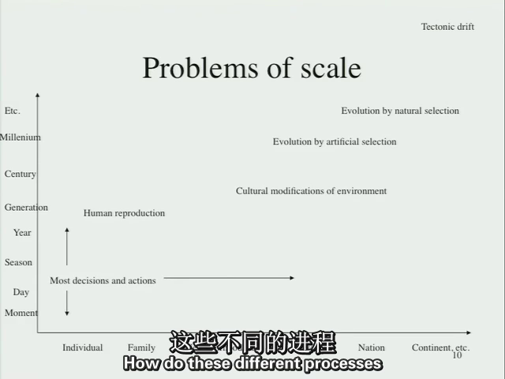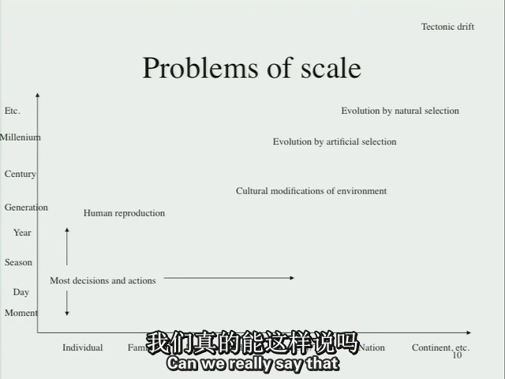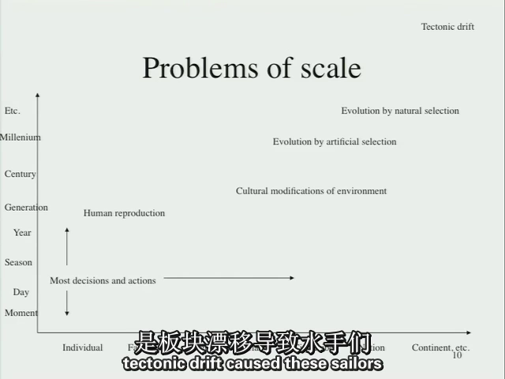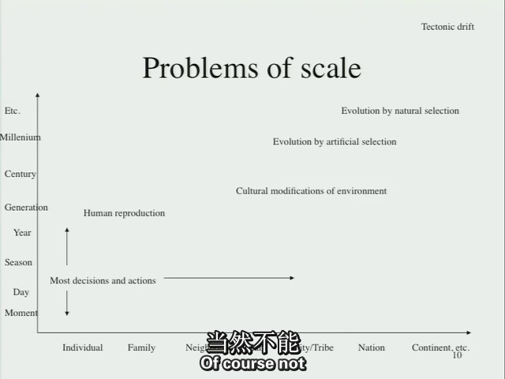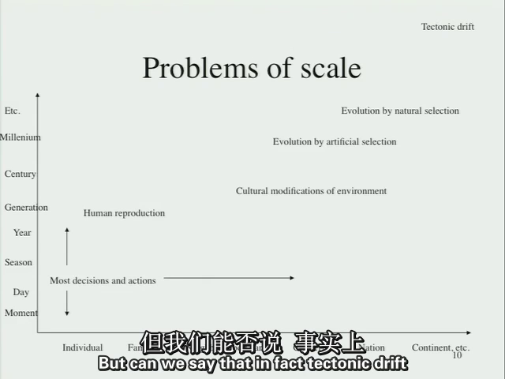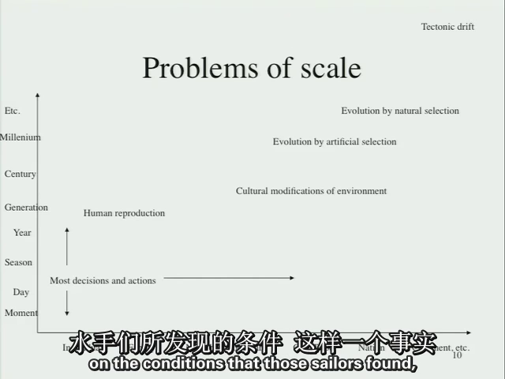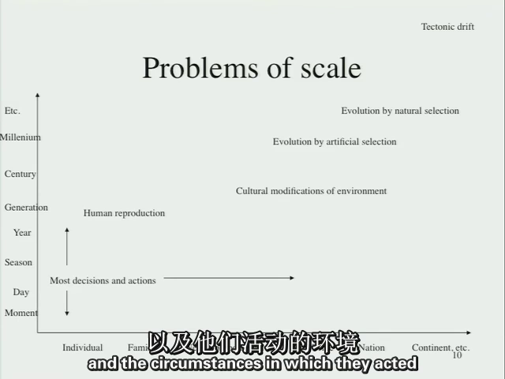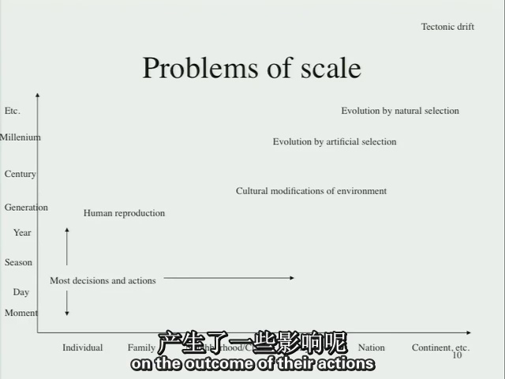And the question is, how do these different processes relate to each other? Can we really say that tectonic drift caused these sailors to get in their boats and disappear west into the ocean? Of course not. That wouldn't make any sense. But can we say that, in fact, tectonic drift had some kind of effect on the conditions that those sailors found and the circumstances in which they acted, and therefore had some kind of effect on the outcome of their actions?